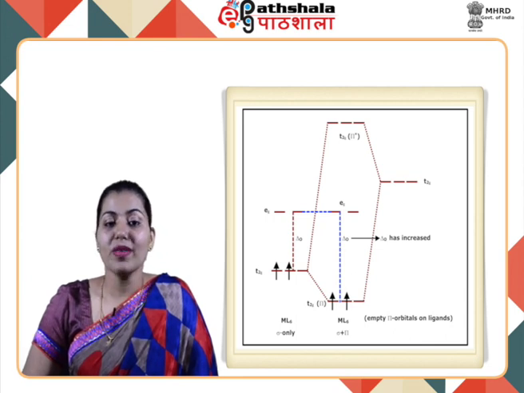The molecular orbitals formed are T2g in symmetry and principally of metal d orbital nature. They are at lower energy than the metal d orbitals. This results in a greater value of delta naught than before because of the decrease in energy of the bonding T2g symmetry molecular orbitals.